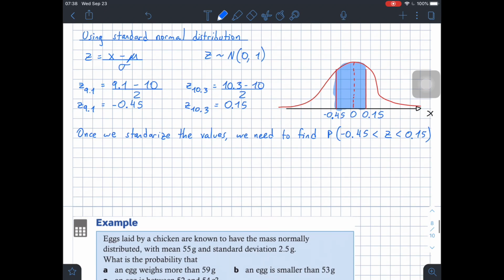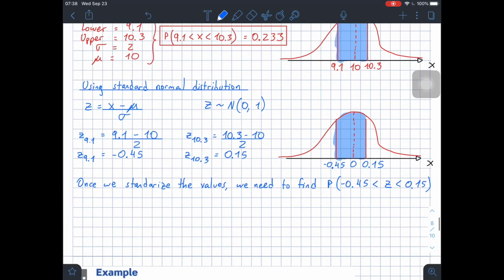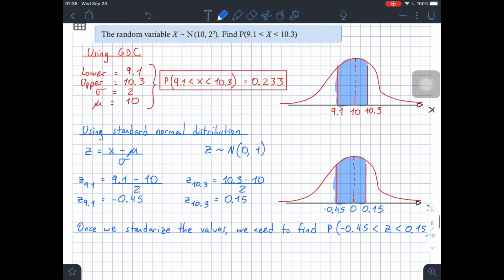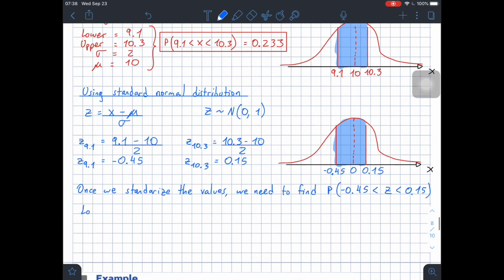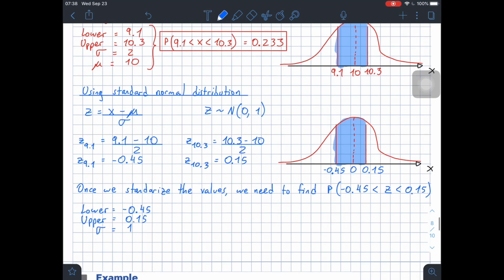So if we find these probabilities using our calculator, we're gonna do exactly the same, but now as lower, we need to write negative 0.45. As the upper, we would write 0.15. Now our standard deviation would be equal to 1 because we're talking about a standard normal distribution, and our mean would be 0, okay? Let me show you this in the calculator.